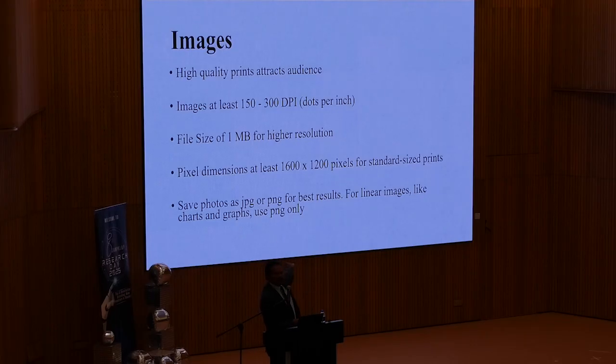DPI is the most important one, especially doing printed posters, and also for digital displays. Next is file size. For images that you put on poster or you print it out, the resolution should be at least 1 megabyte and above, 1 MB. Most of your handphone photographs, you know what it is? 70, 80.